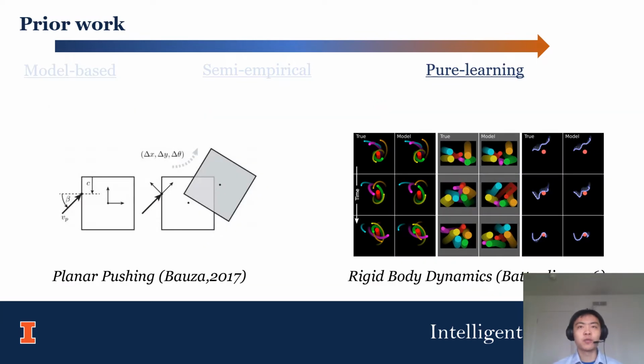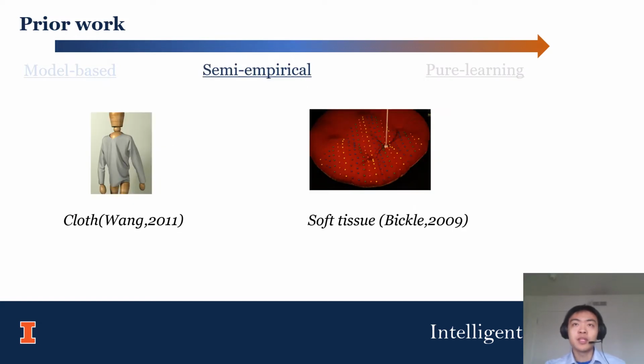There has also been work that uses data only to learn planar pushing and rigid body dynamics. These problems are limited to low dimensions. Semi-empirical simulation is not a new idea, and it's been around for a while.